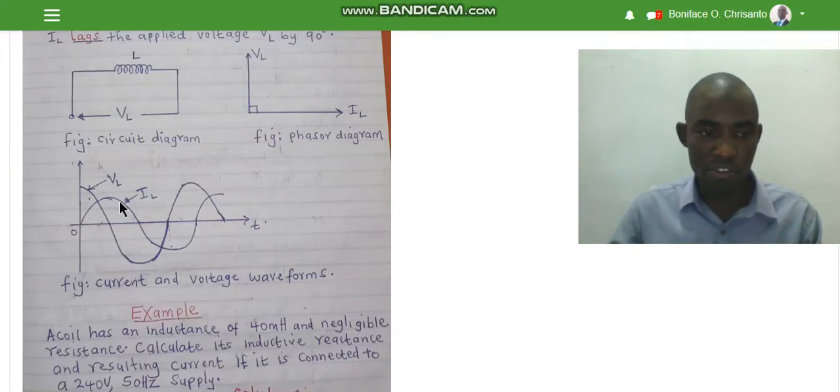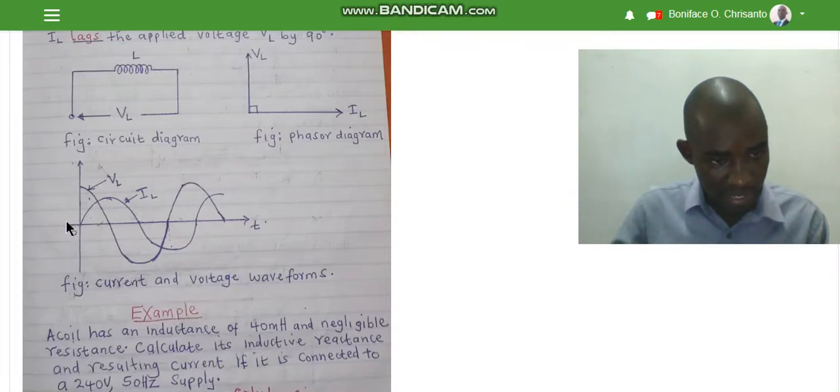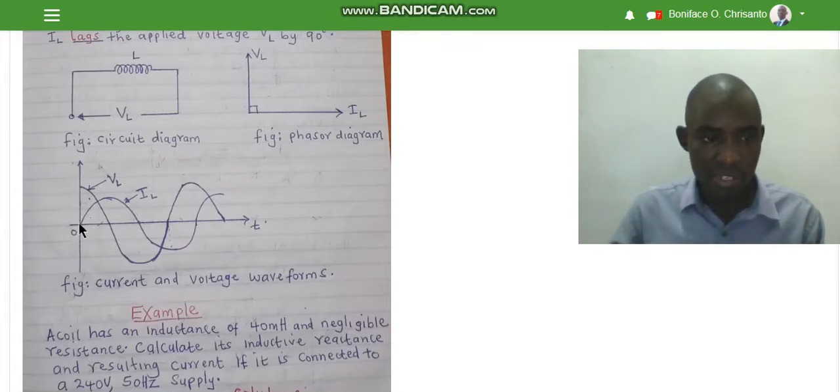So draw that waveform like that. Now, we have also said that the voltage is leading by 90 degrees. Remember the current is taken as 0 on the horizontal scale. That is why we have started from 0. But now voltage starts at 90. That is why we are starting at the top. So it moves down like that.